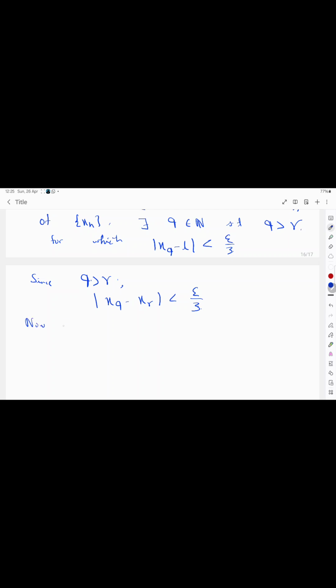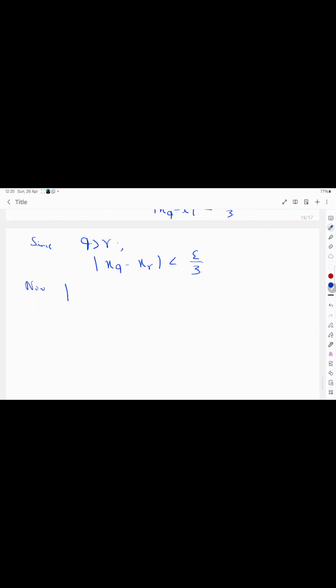So now come to this point. Now if you consider xr plus p minus L, this is less than or equal to xr plus p minus xr plus xr minus xq plus xq minus L. We can break this now using the triangular inequality.